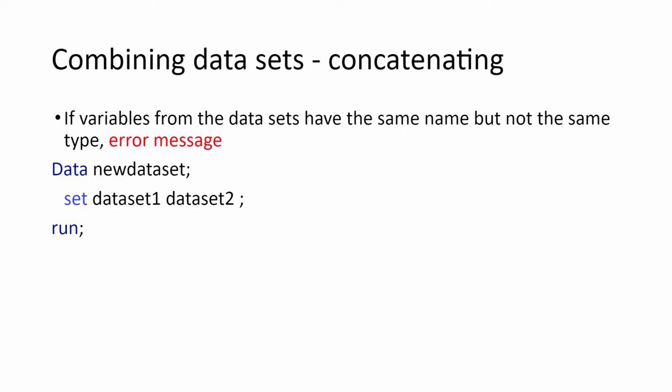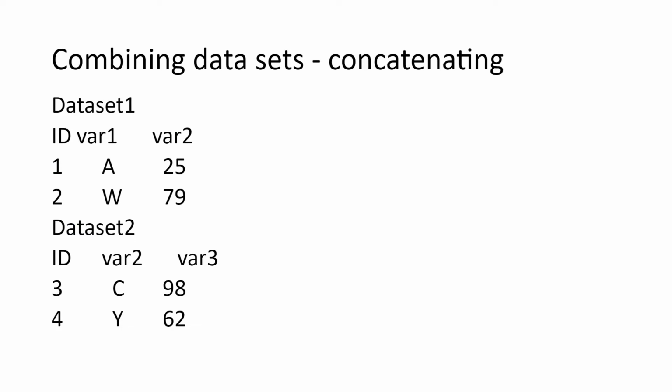If the two variables that you are joining don't have the same type, you'll get an error message. And we are familiar with what types are in SAS. If one variable is numeric and the other is character, if you try to join those, that will give you an error because you can't mix types in SAS. So here's an example.